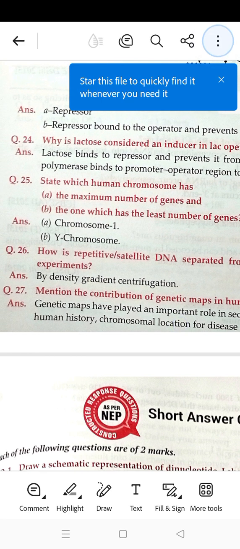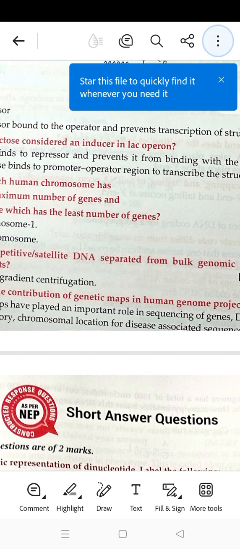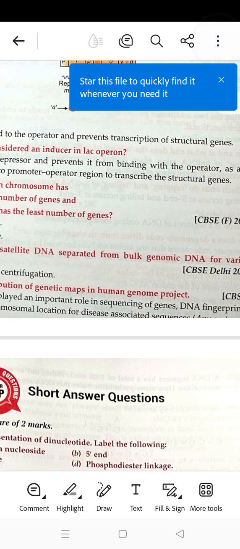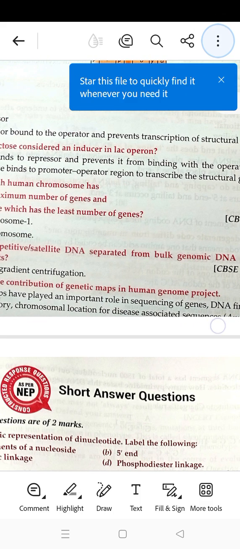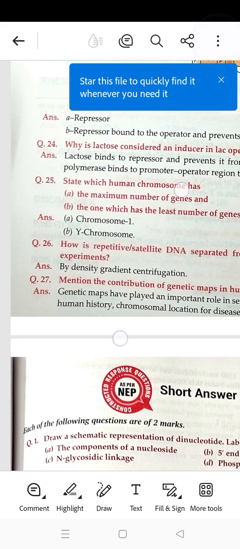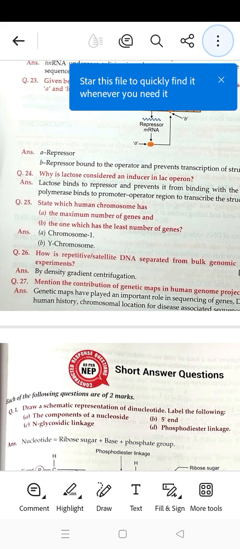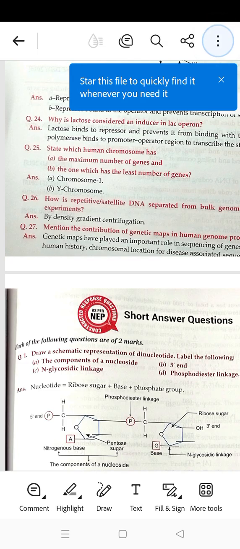Next, question number 26. How is repetitive or satellite DNA separated from bulk genomic DNA for various genetic experiments? So the answer is density gradient centrifugation. Okay, now next question number 27.